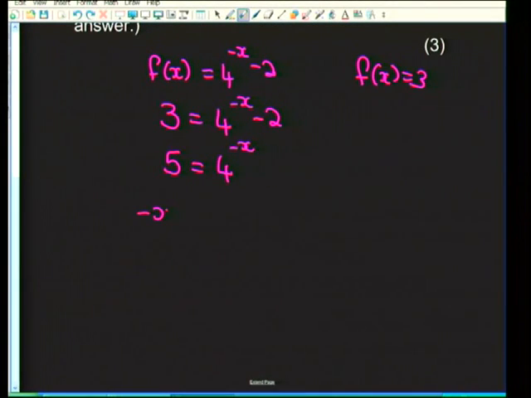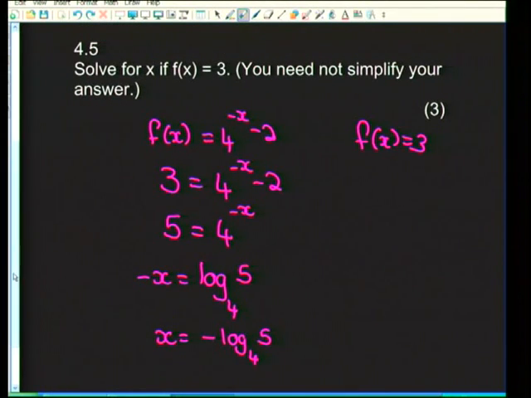I can say minus x equals log to the base 4 of 5. And if I want to solve for x, x is equal to minus log to the base 4 of 5, which is fine. And they said you need not simplify your answer, so you can leave it there. If they wanted an answer, you go to your calculator and you put it in your calculator and give them the answer. That's not a problem.